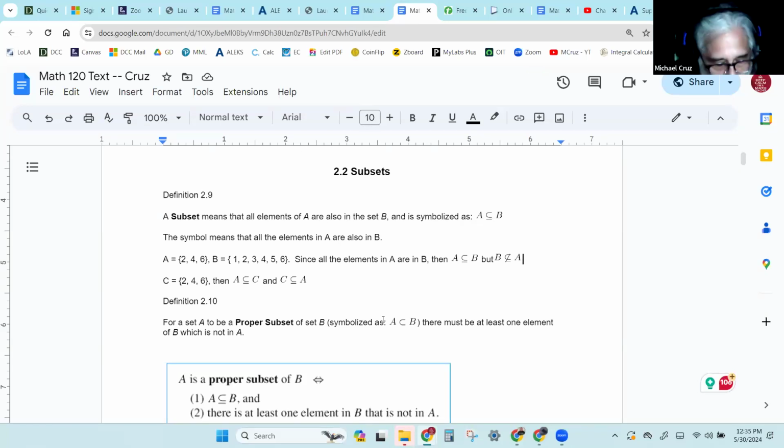But the subset is defined as all elements of the first set being contained in the second set. Since math people like to use symbols and variables, we have A and B. If all the elements in A also exist in set B, then we write it like this: A, and this little symbol right here reads "is a subset."